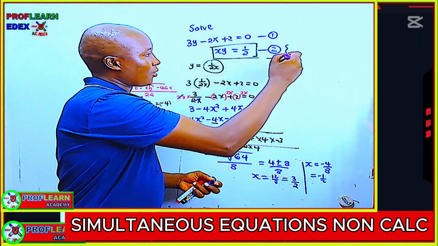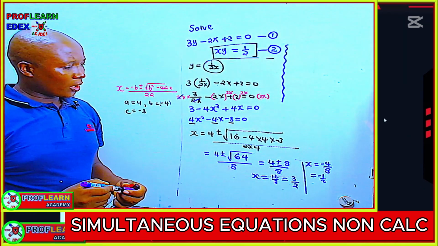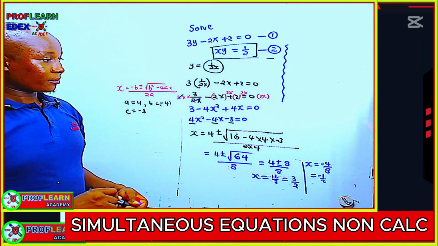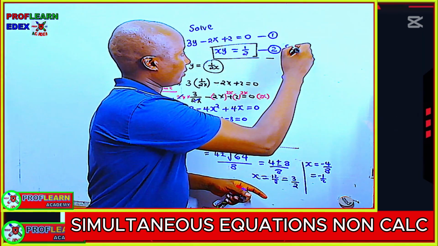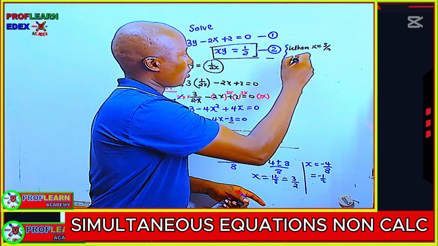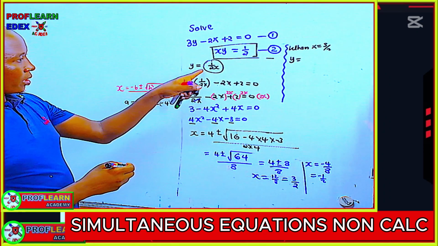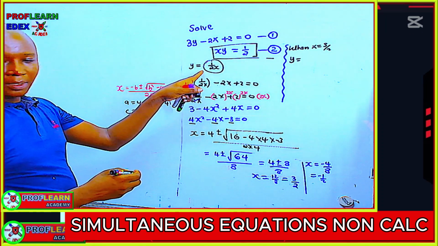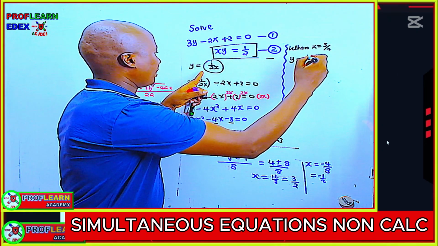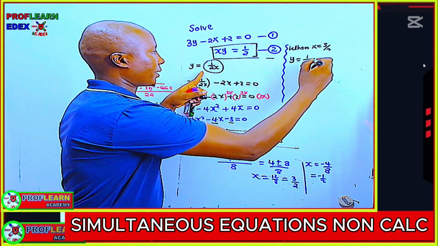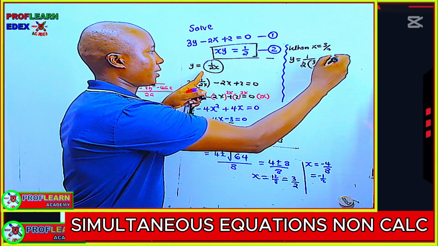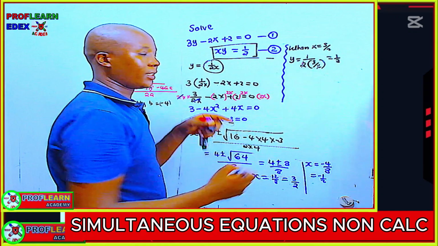Once you are done with that, you find the value of y. When x is equal to 3/2, y is going to be what? We are going to use this equation here, so that is 1/2 into brackets 3/2. This and this cancel out, and we have 1/3 there.